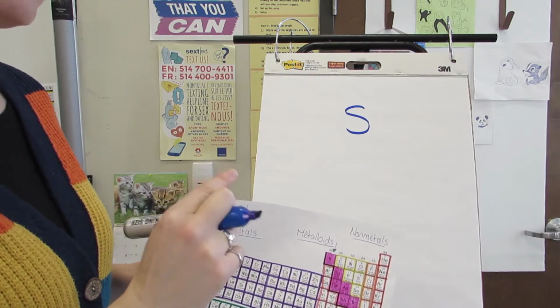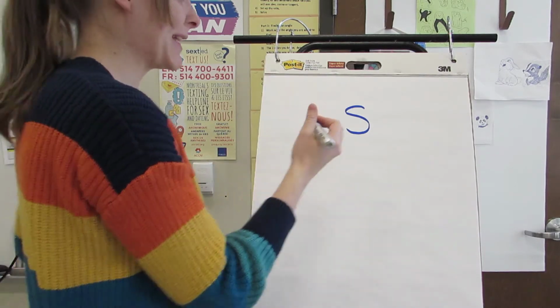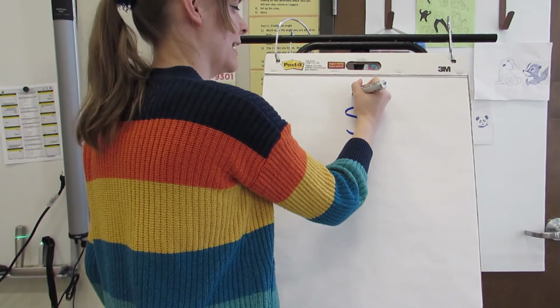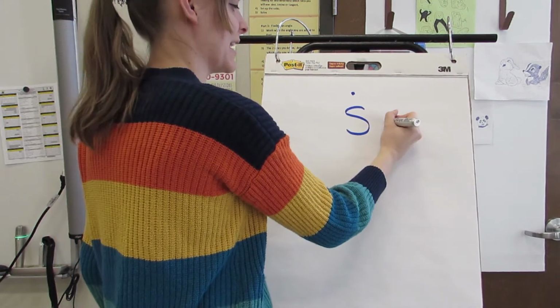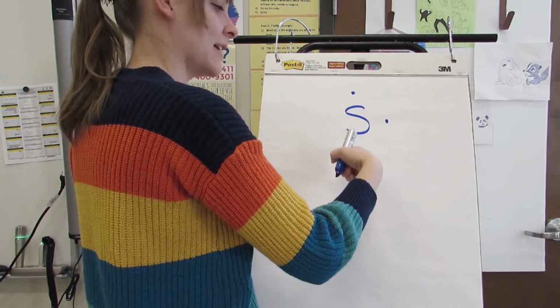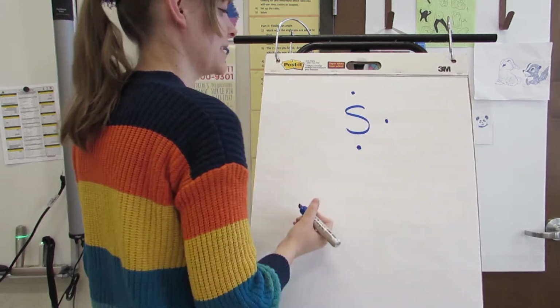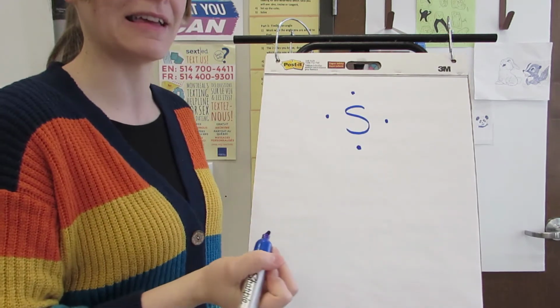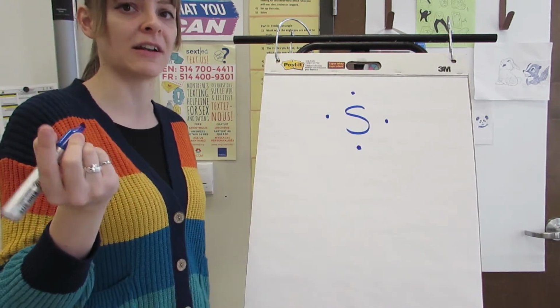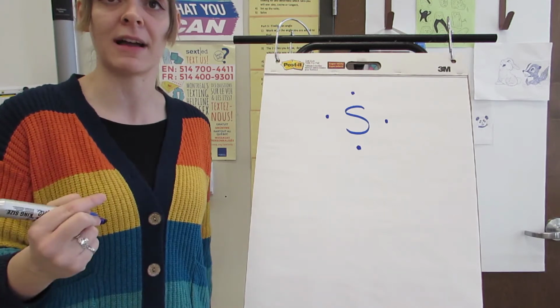The way that we do this is we start normally at the top. I like to draw one at a time. So 1, and then I go to the right side, 2, and then I go to the bottom, 3, and then I go to the left side. Think of it like the cardinal points on a compass: north, south, east, west.